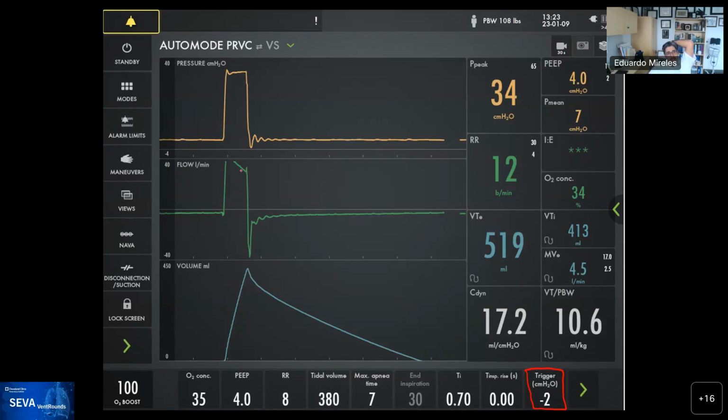It actually, this is a manifestation of how high the resistive load is on the patient during inspiration. And this little spike here is probably from the circuit because it's using so much pressure. And then you see the resistance is humongous on this patient, and it's not reaching baseline throughout the breath.